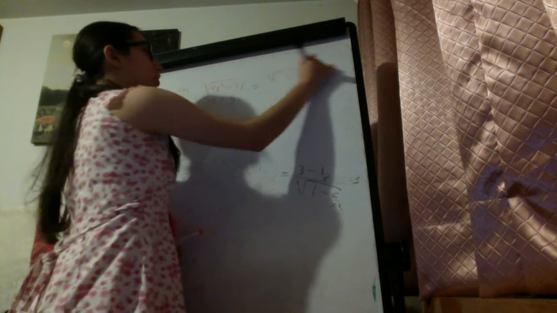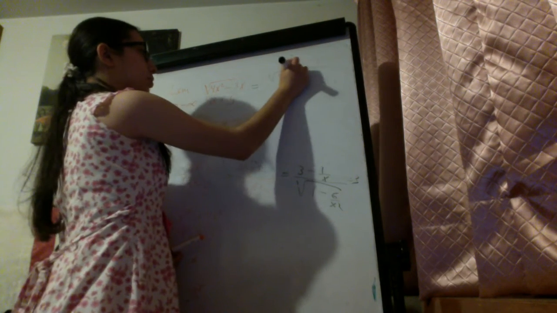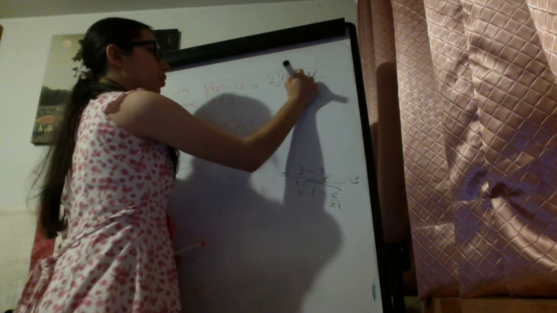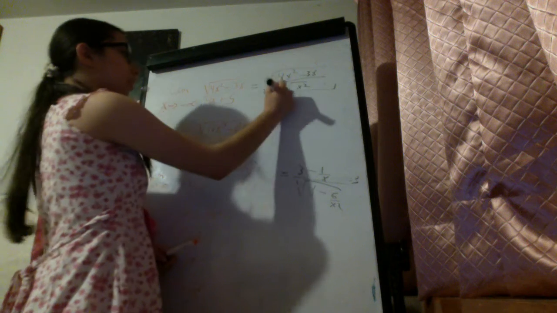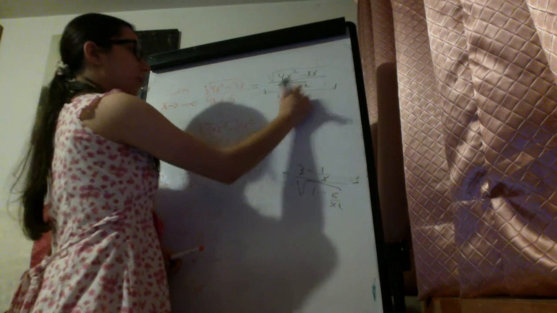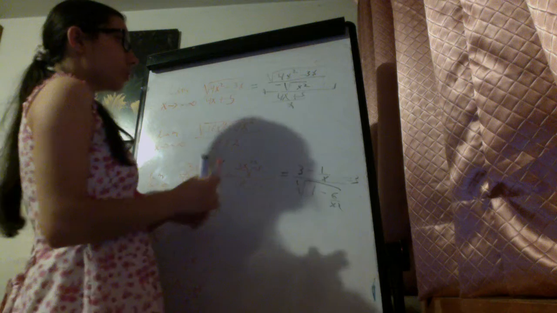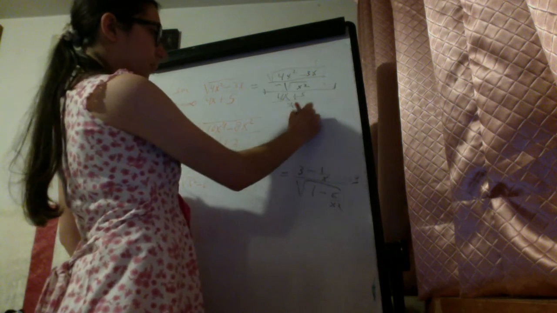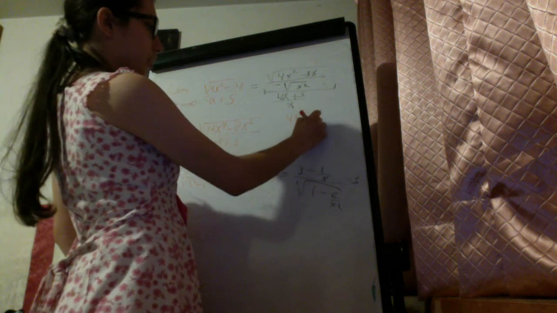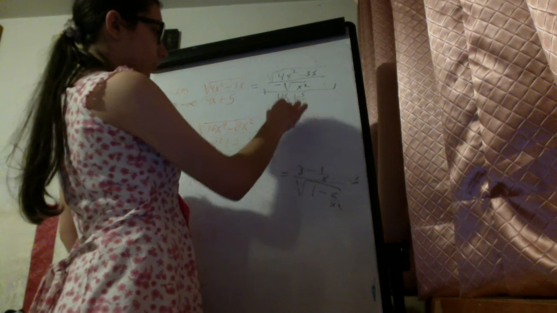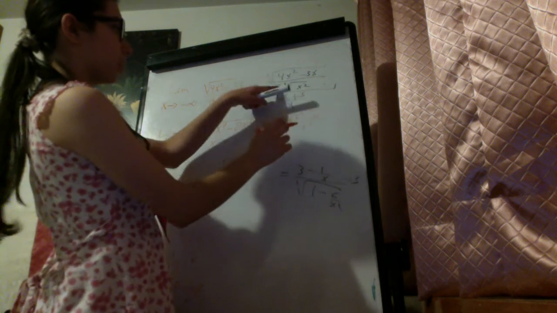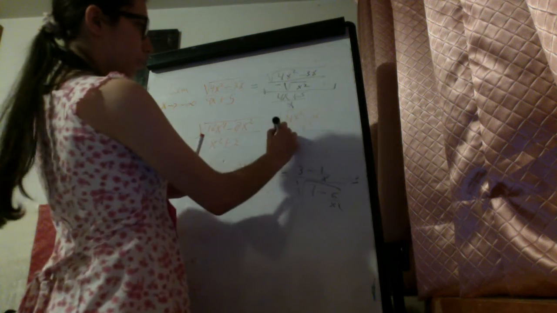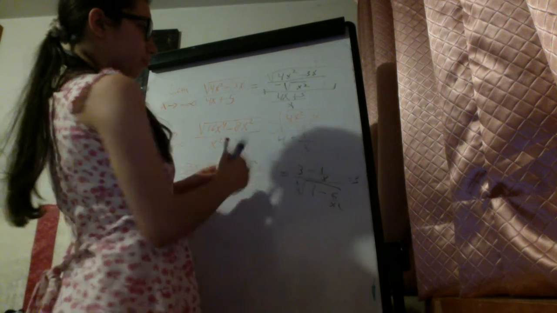So it would be 4x squared minus 3x divided by minus the square root of x squared, all of this divided by 4x plus 5 divided by x. So here you have 4x squared minus 3x all over x squared, all of this inside the root, and this minus you can put it here. And here you have 4 plus 5 over x.